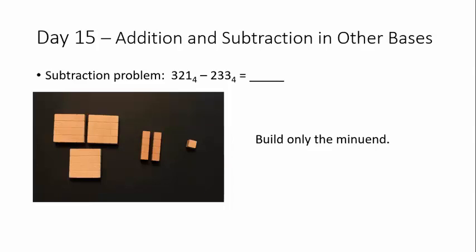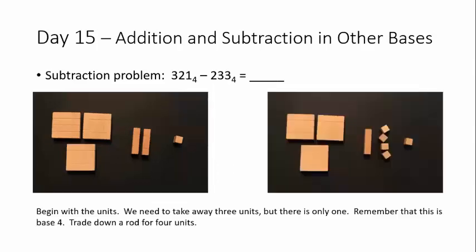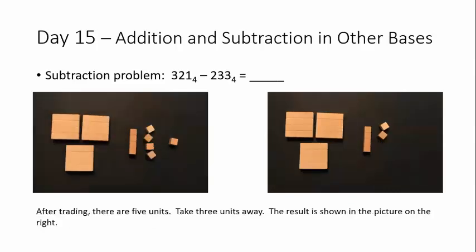I need to take away 3 units, and there's only 1 unit there. So I will trade down. In the picture on the right, you'll notice that I've traded a rod for 4 units. I'm now able to take away 3 units. In the picture on the right, you'll see that I have taken away the 3 units.